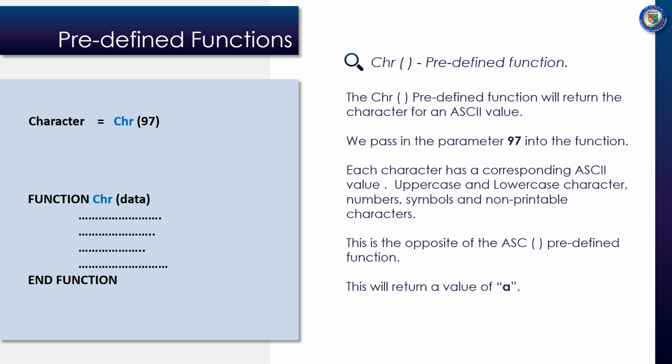The char predefined function pretty much does the opposite, which will return the character for the ASCII value. In this case, we will pass in the parameter 97 into the function.